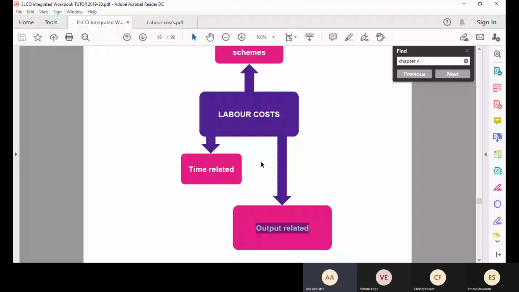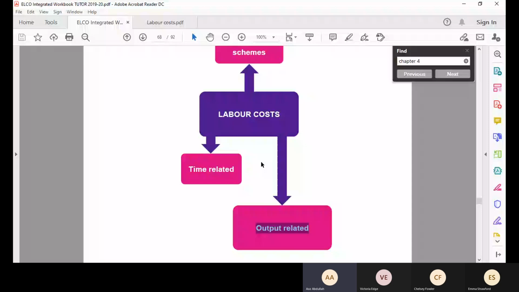So this is the introduction of the chapter. There are two main methods of calculating employees' pay. One is time-related pay, based on time spent at work. For example, your contracted hours a week are 35, or 37.5, or 40 hours. For example, your basic rate is £10 per hour, and you are working 35 hours per week, so 35 times 10.